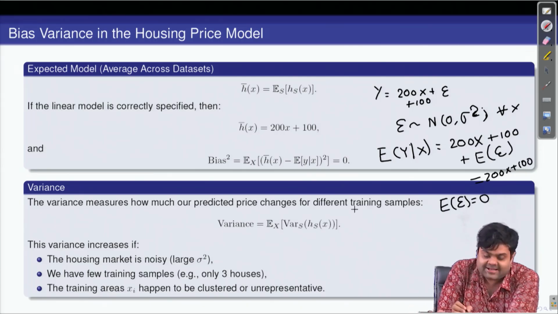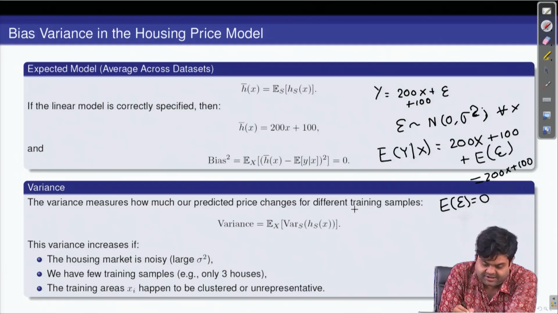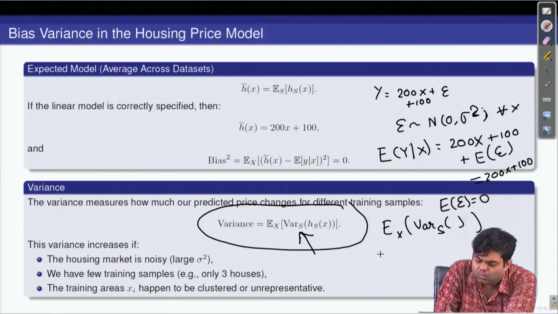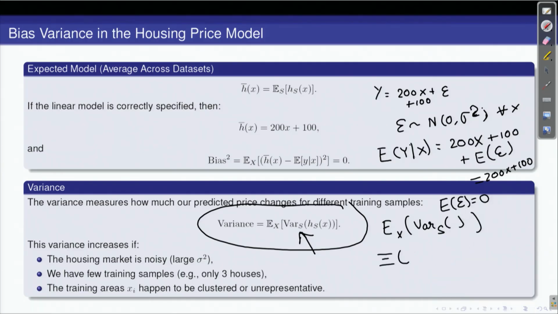Now, variance of this estimator is this. Variance will be, you take the variance of h_S(x) with respect to the distribution of S. We are writing it this way for simplicity to avoid cumbersome notation, but whenever we write expected value of variance of something, what we really mean is that you are taking variance with respect to S, meaning you are fixing x equal to something.